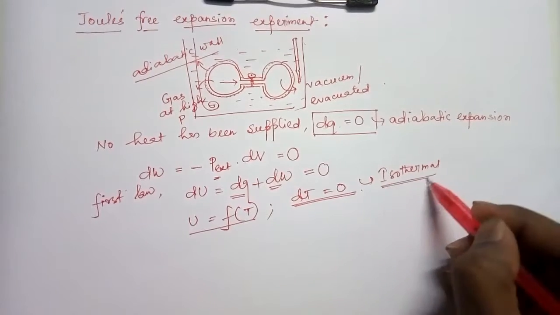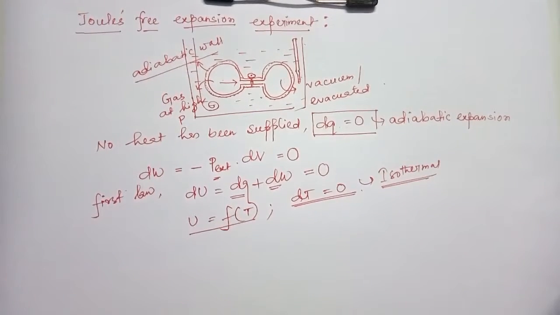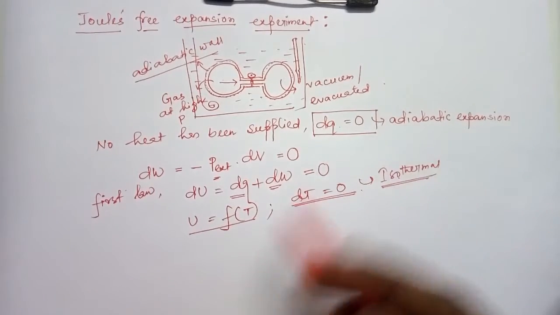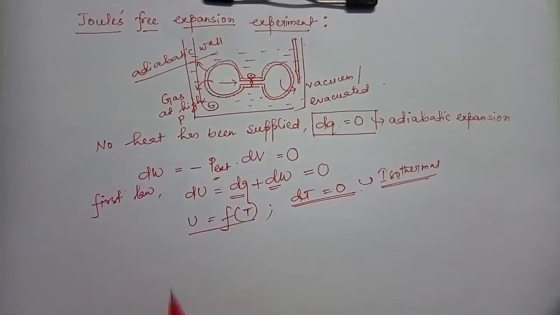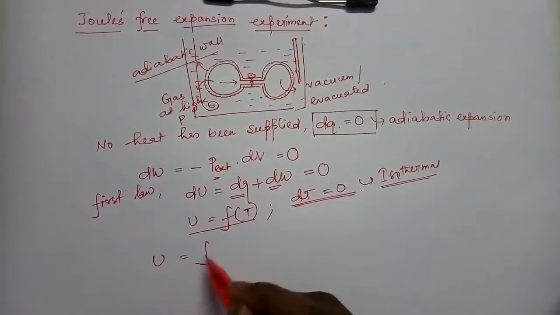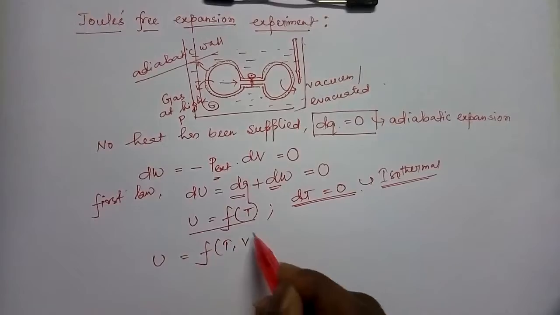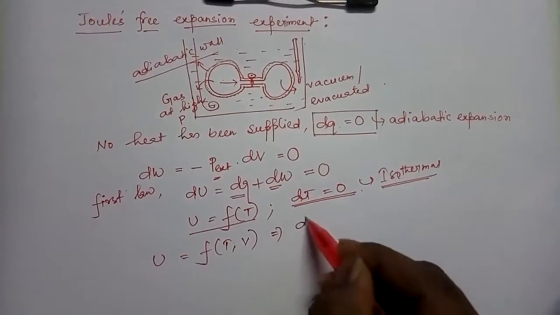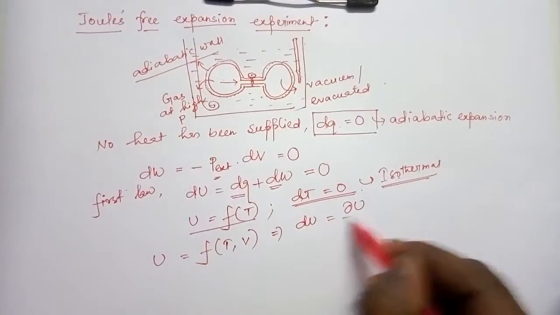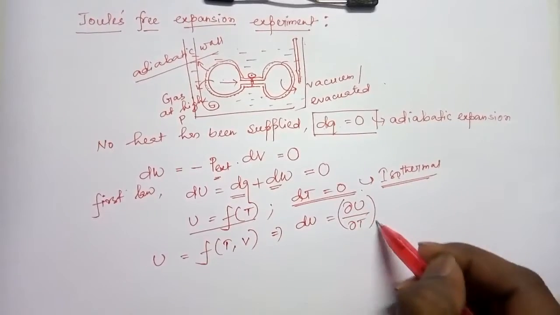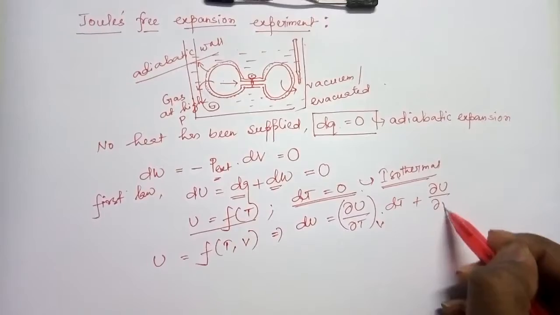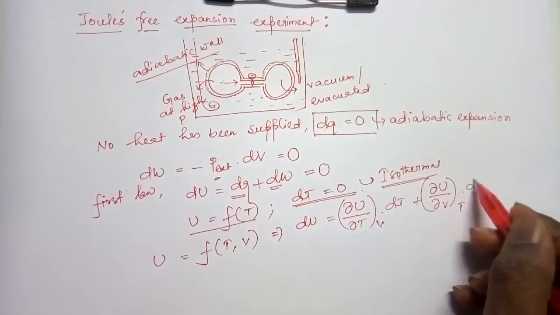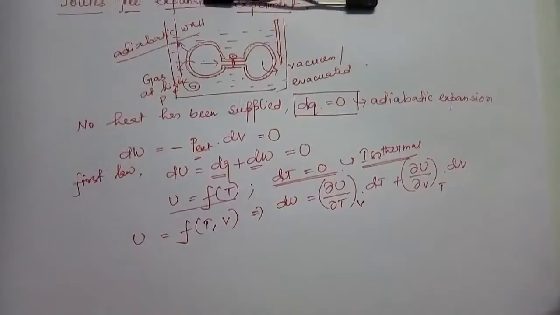So the free expansion is a process which is isothermal as well as adiabatic. Now we know that U is a function of temperature and volume, right? So we can write dU equal to del U del T at constant volume into dT plus del U del V at constant temperature into dV.